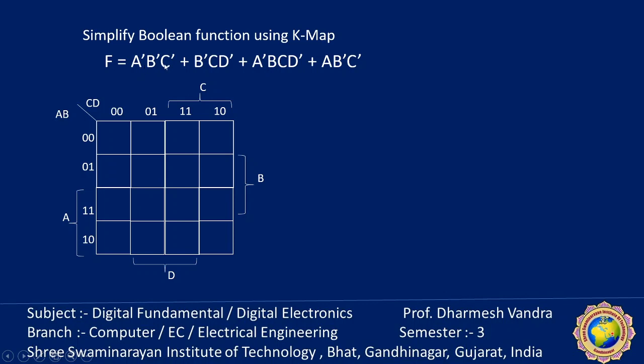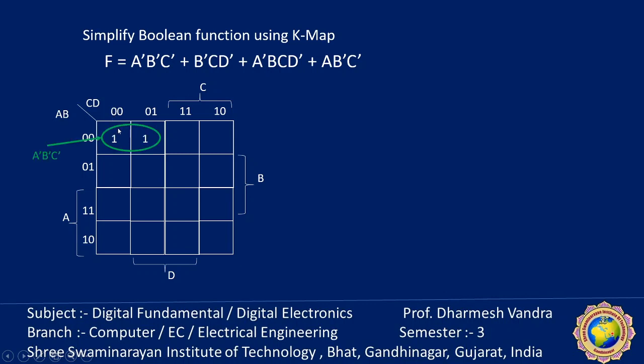A dash B dash C dash, or B dash C D dash, or A dash B C D dash, or A B dash C. A dash is the first two rows, B dash is this row only, which gives A dash B dash 0 0 0 0. Now C dash is C 0, so this and this one.